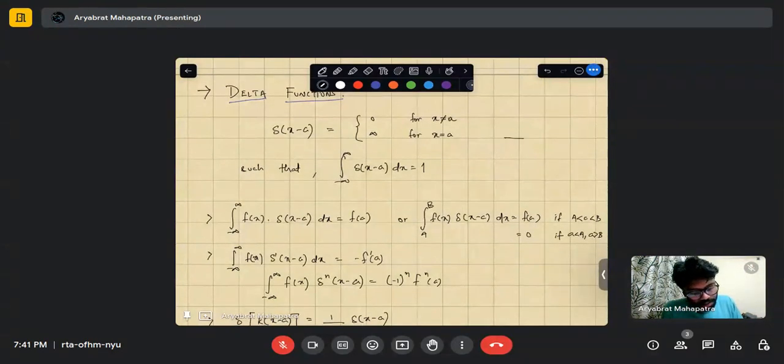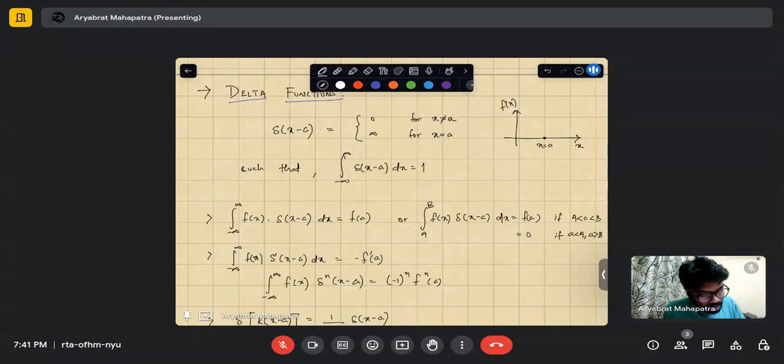So let's say I have some coordinate system right here. Let's say x equals a is this point.